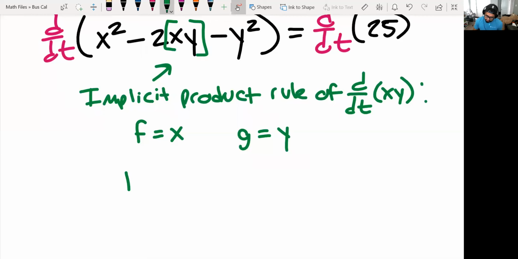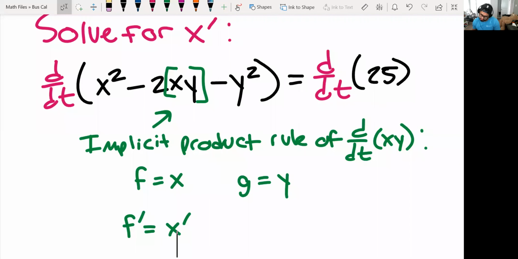So this means that f prime is going to be x prime, and the derivative of y with respect to time is going to be y prime.